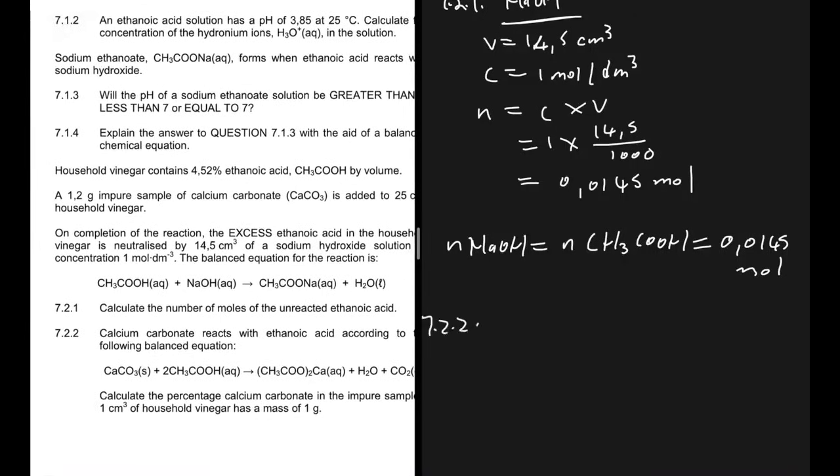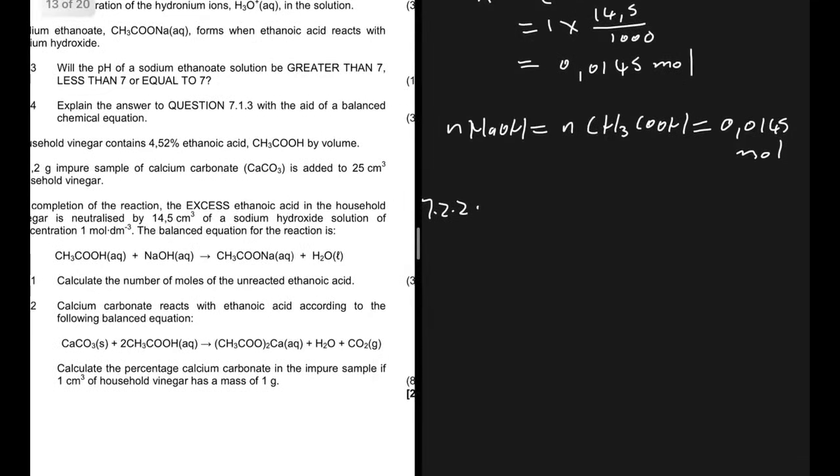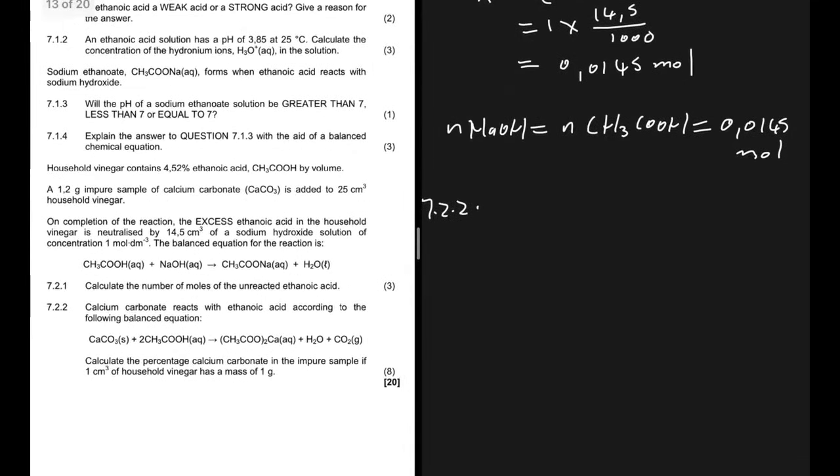7.2.2, which says calcium carbonate reacts with the ethanoic acid according to the following balanced equation, right? And then it says calculate the percentage of calcium carbonate in the impure sample if 1 centimeter cube of household vinegar has a mass of 1 gram.